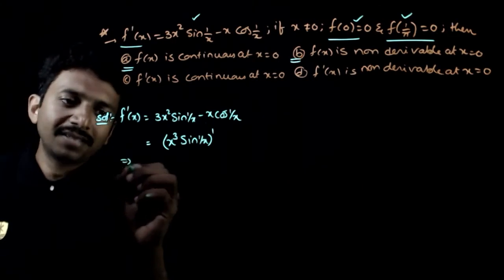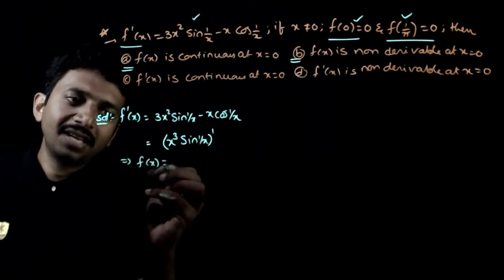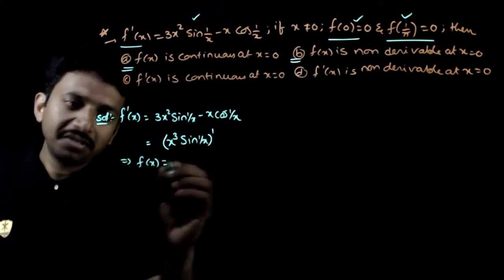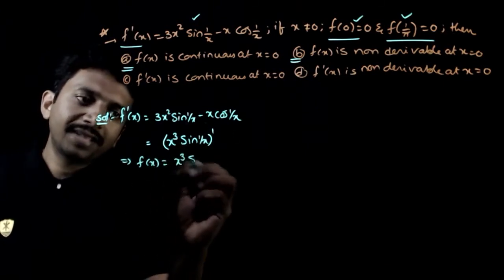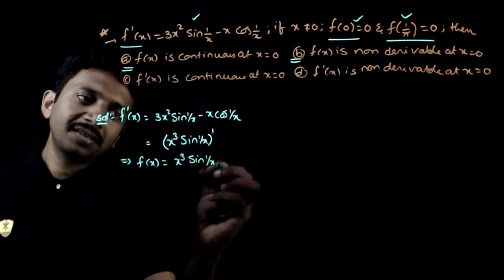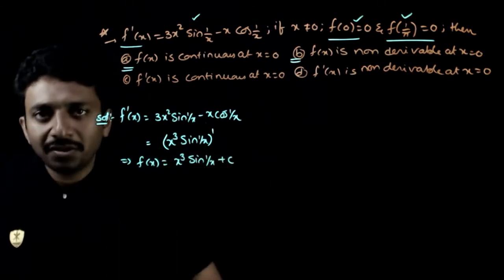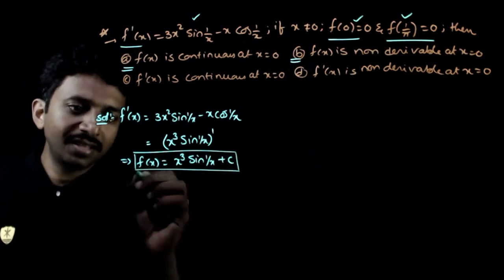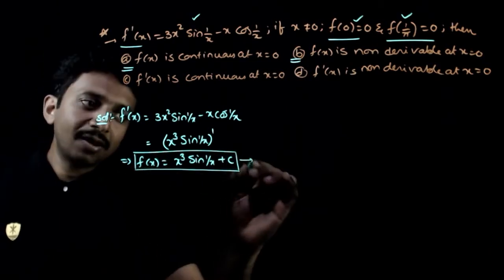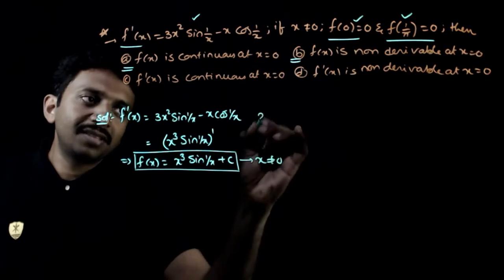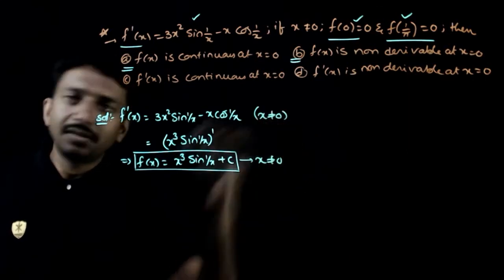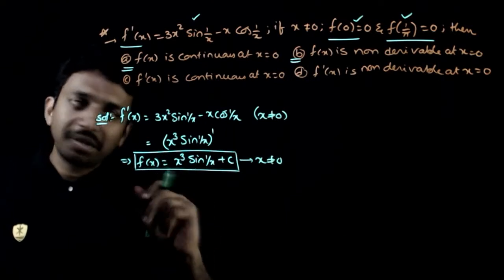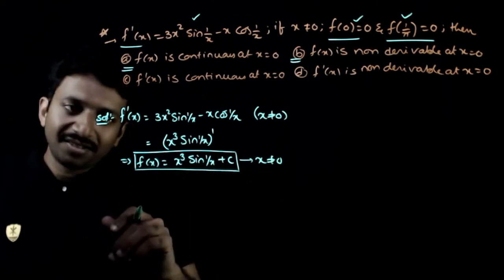So this implies f of x is equal to x cube sine 1 by x plus some integration constant. So f of x can be written as this, as long as x is not equal to 0, क्योंकि this is when x not equal to 0. x equal to 0 में ये भी काम नहीं करेगा. So as long as x is not equal to 0, my f of x is this.